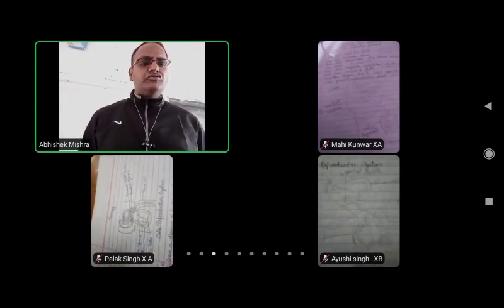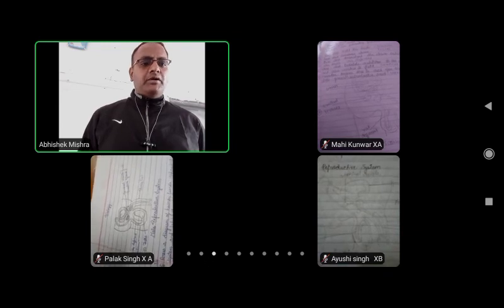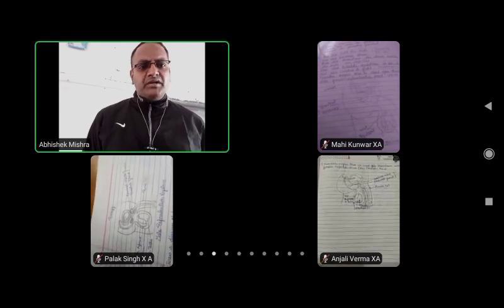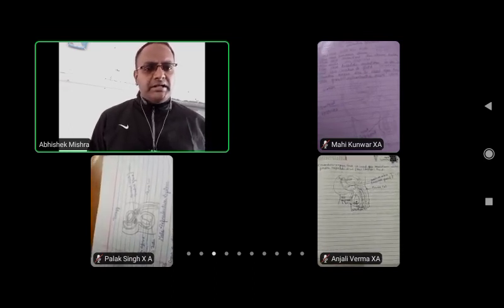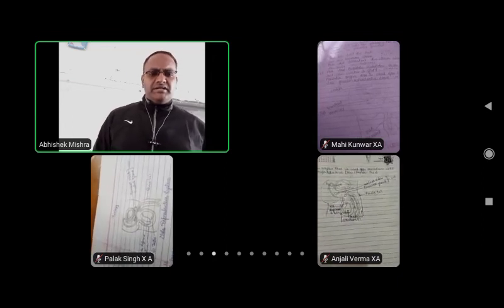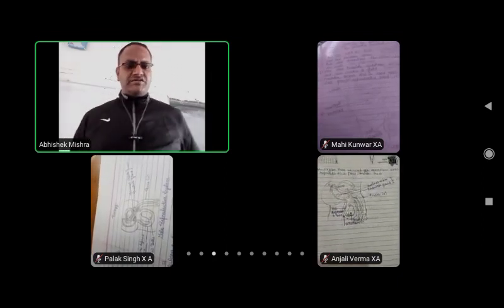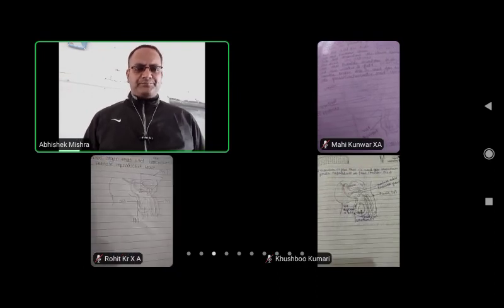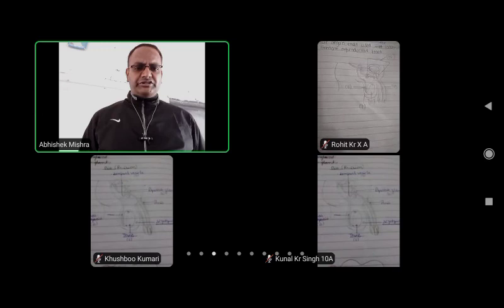Ayushi, Mahi, you all are showing me the diagram. Okay, yes, correct. Yes, you have given the numbering and the labeling of the parts. Okay, Mahi, Anjali, Palak. Next. Yes, yesterday I gave the diagram with the labeling of the functions.